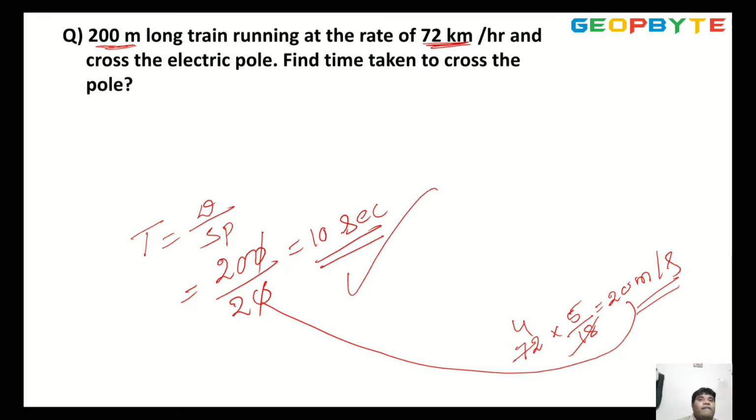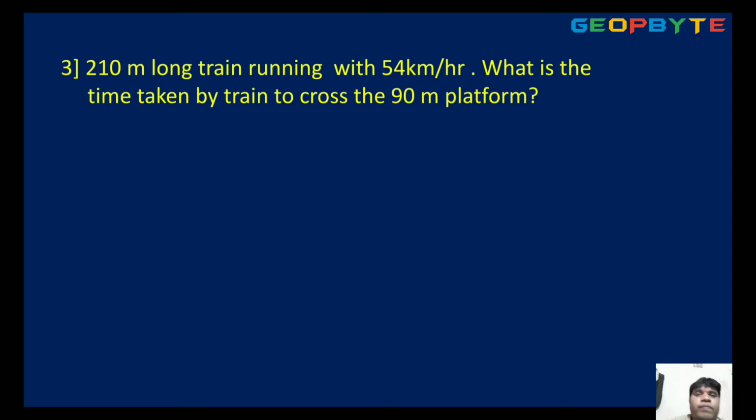Okay, children. Next question. A 210 meters long train running with 54 km per hour. What is the time taken by the train to cross a 90 meters platform? So length of train 210, platform length 90, speed 54 km per hour.